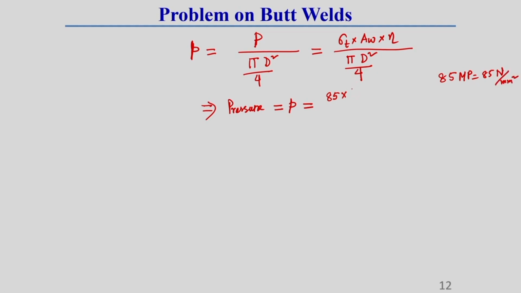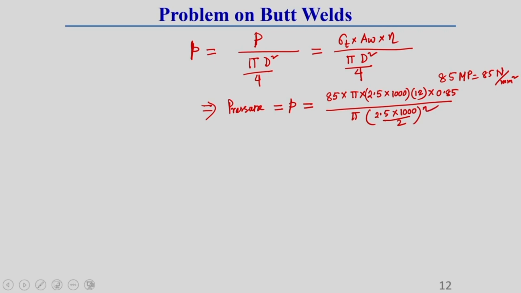Here the weld cross sectional area AW equals pi D T efficiency, where D is given as 2.5 meter, so 2.5 into 1000, thickness T is 12, and efficiency is also given as 0.85, divided by pi, diameter 2.5 into 1000, divided by 2, whole square.